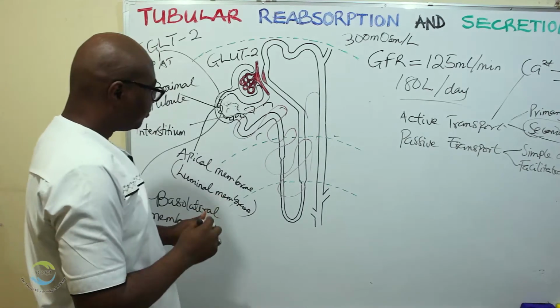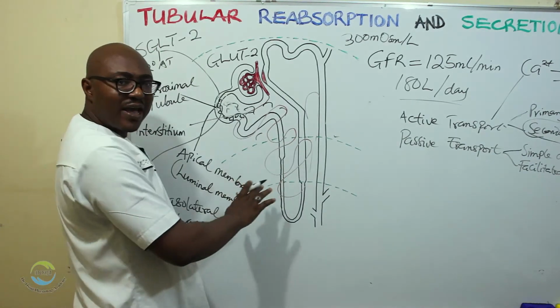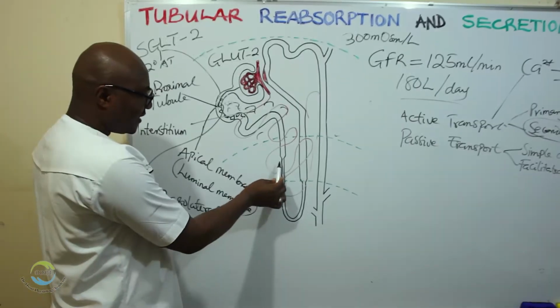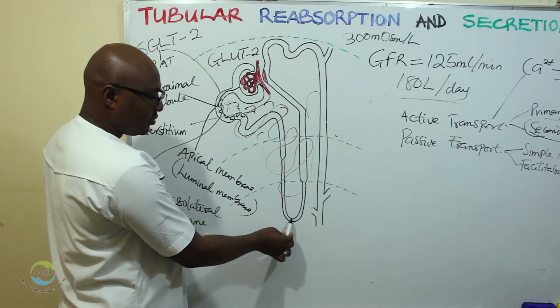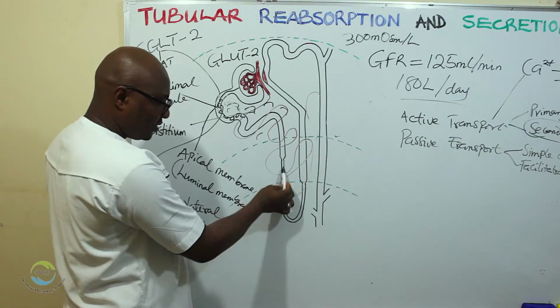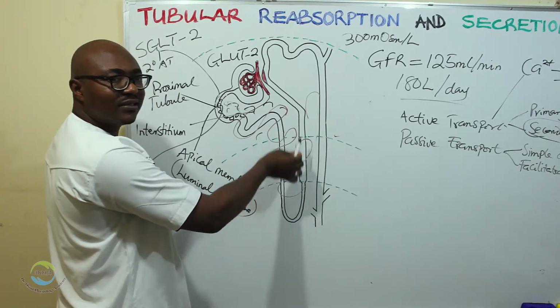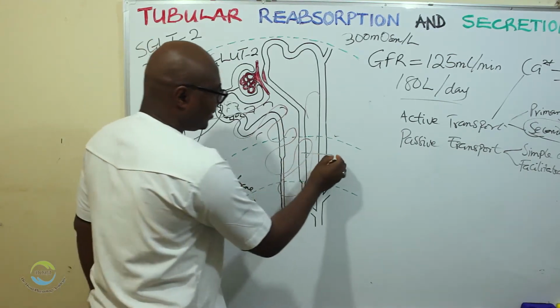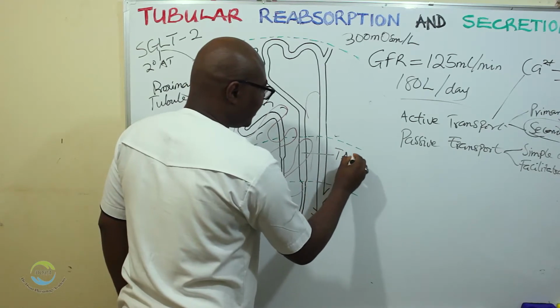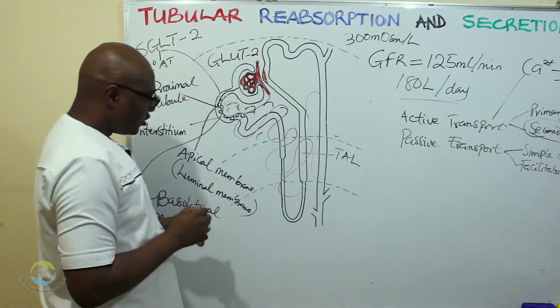Okay, so now the loop of Henle has the thin segment, thin descending, thin ascending, then thick ascending. This thick ascending limb.